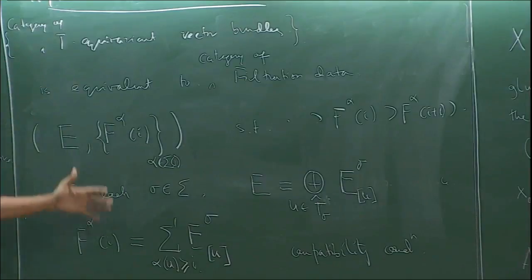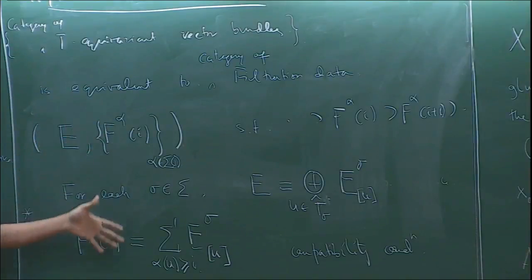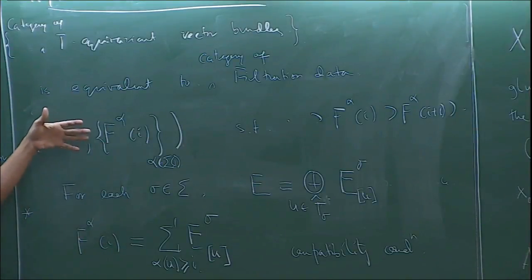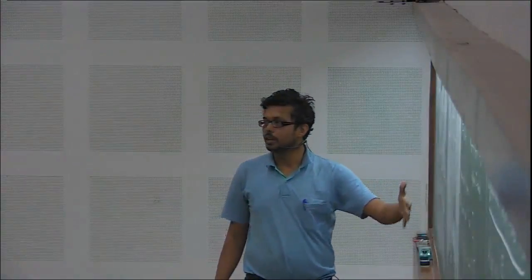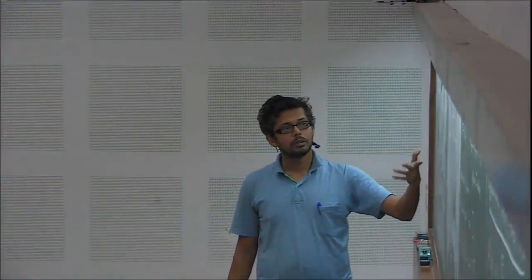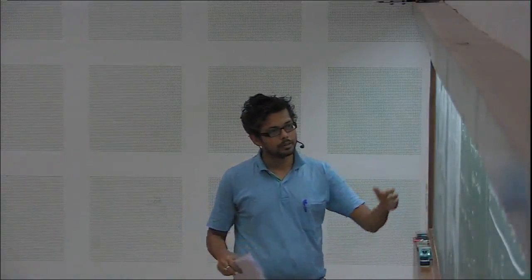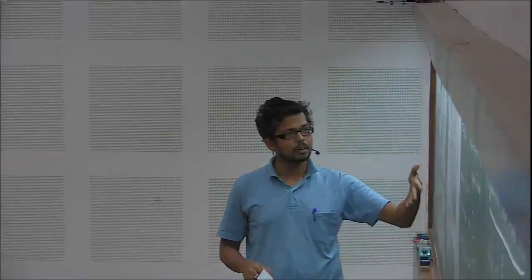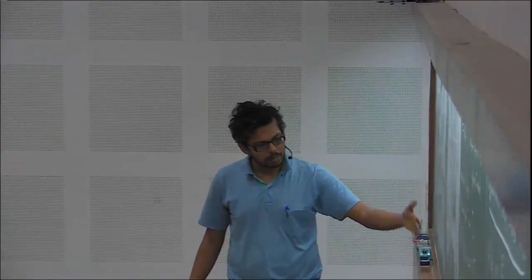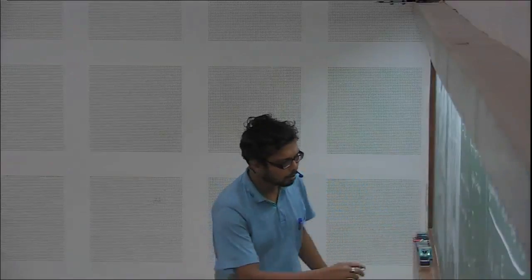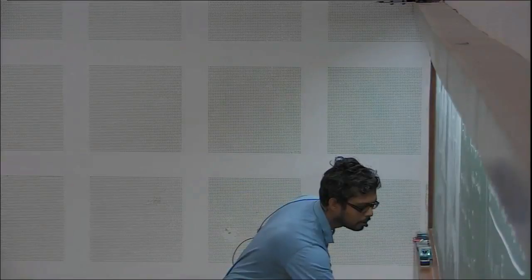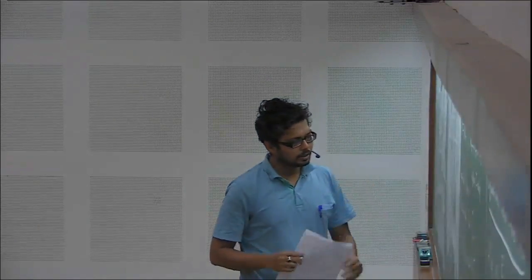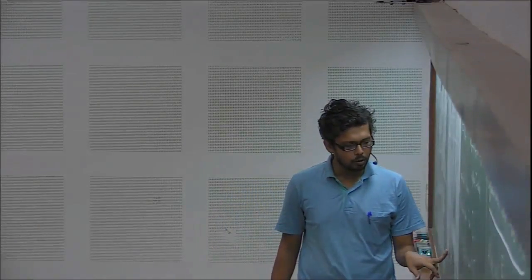And you can talk about maps between two filtration data. It's a map from E to, say, E prime, which takes the filtration data to the filtration data. So this is the category of filtered vector spaces with a compatibility condition. See, I did not complete here: for all alpha belonging to sigma(1).